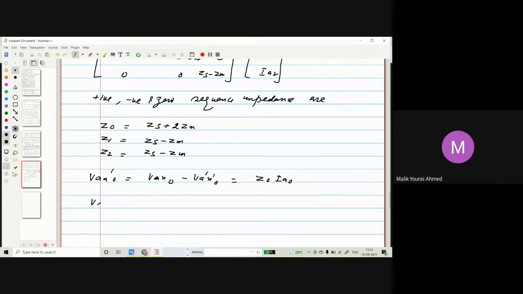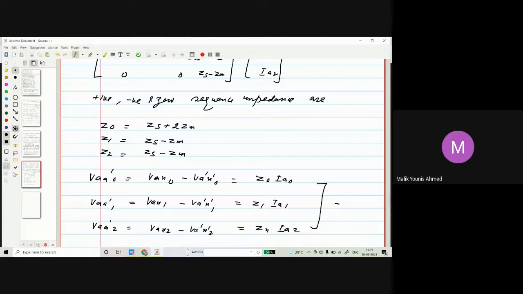Similarly, VAA dash 1 will be VAN1 minus VA dash N dash 1, that will be Z1 IA1. Similarly, VAA dash 2 will be VAN2 minus VA dash N dash 2, that will be Z2 IA2. That's the negative sequence component of the voltage.